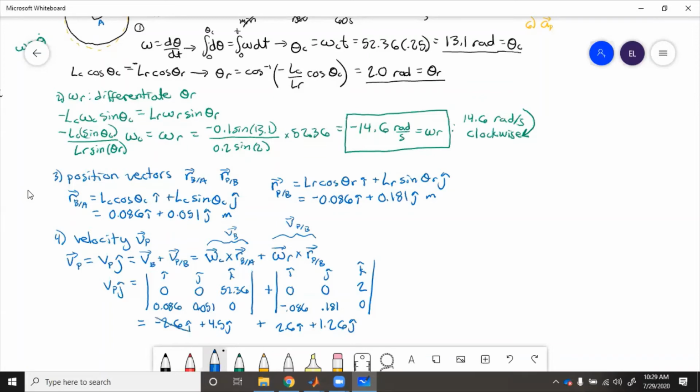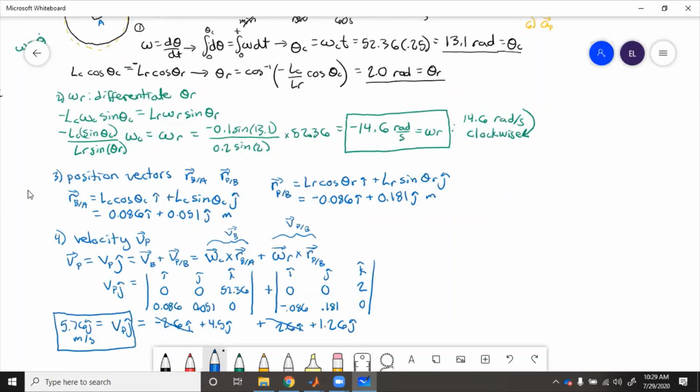So this negative 2.6 I and positive 2.6 I cancel, which is good because there's no I component over here, it's just the VP in the J hat. So then we add these together and we get 5.76 J hat meters per second equals VP.